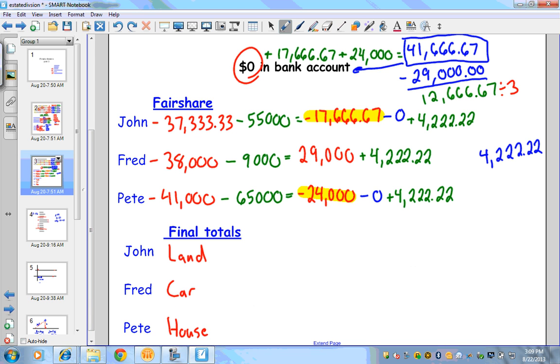So that is the item that they won, plus the amount of cash that they're walking away with, which is $4,222. Pete also is the same. But since Fred didn't have to owe any money, he is going to actually receive back a lot more, which is $33,222.22.